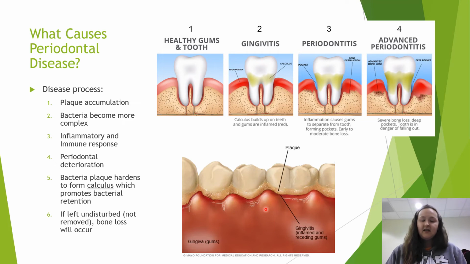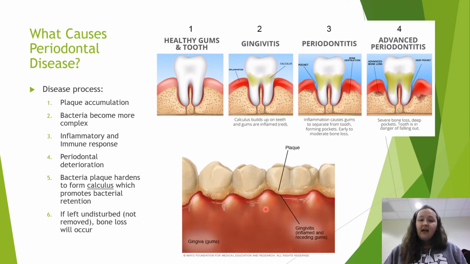The problem is, because your immune system is releasing those toxins, it's also causing your gums and your bone to basically break down, to deteriorate. And if you do not remove it or get it removed by a professional, then this will continue to happen. So the breakdown is just going to keep going until this stuff is removed.